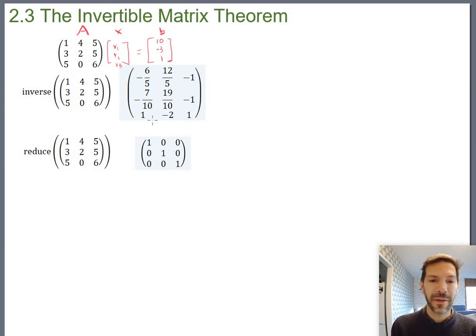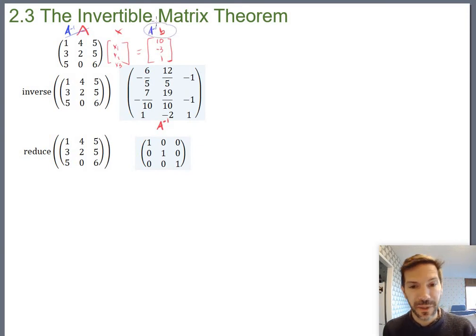One way is, now that we know the inverse, we could just multiply the inverse on each side of this equation. We already kind of know that that cancels. So we could find the solution by doing A inverse times b. Doing this fun little fractional 3 by 3 inverse matrix times 10, negative 3, 1. That would give us the solution.